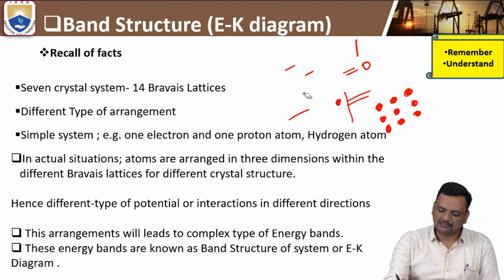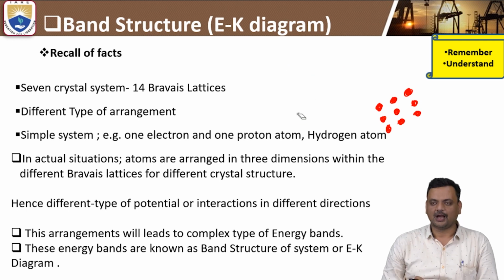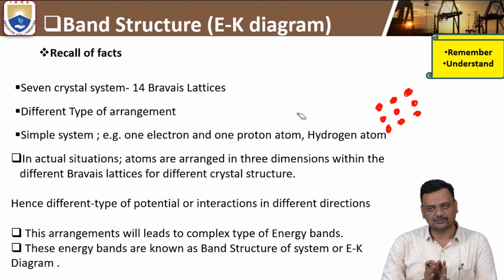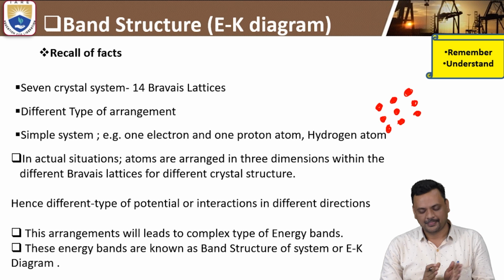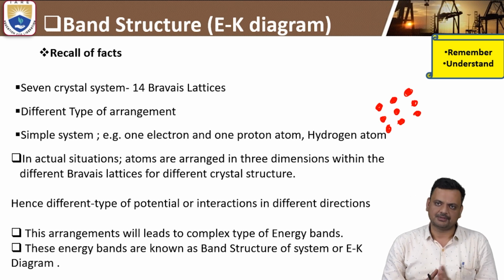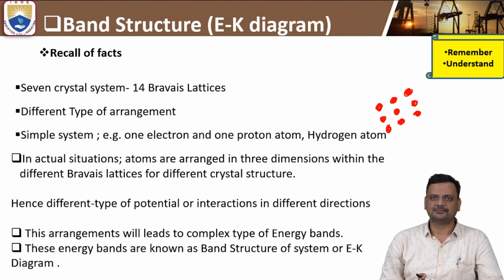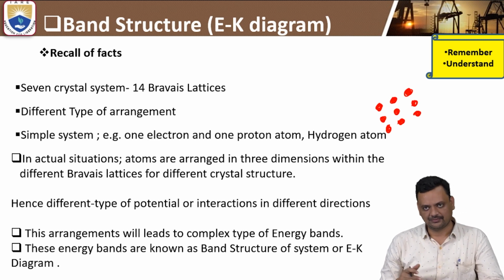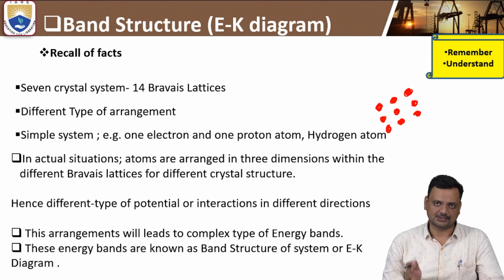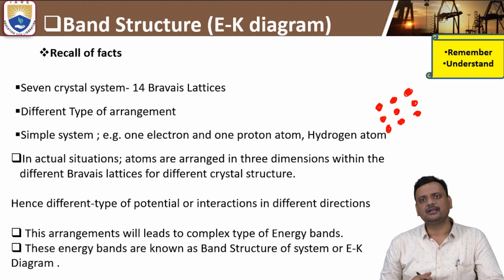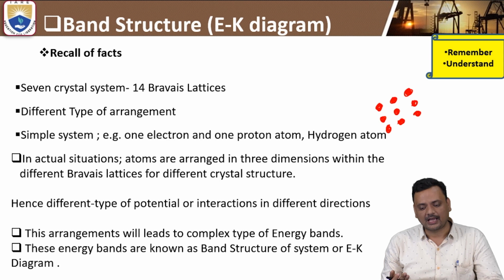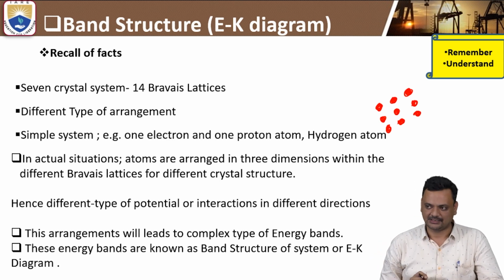Why am I discussing this? I want to give emphasis to what I told in the previous lecture. Any solid can be found in the form of 7 crystal systems, which can be further classified into 14 Bravais lattices.